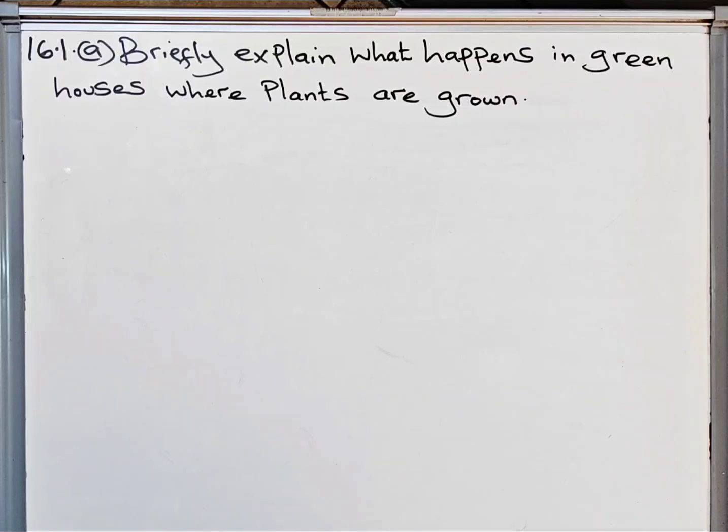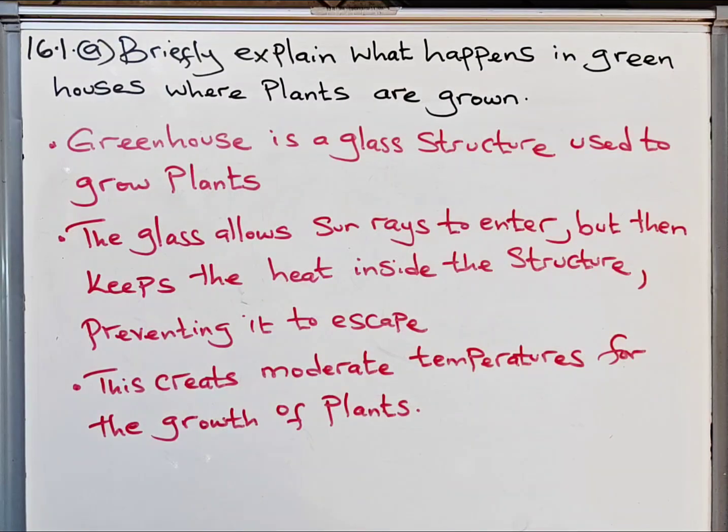But the radiation or the heat is not allowed to leave the structure. So it is kept within the greenhouse, and it keeps the structure warm, creating moderate temperatures for plants.